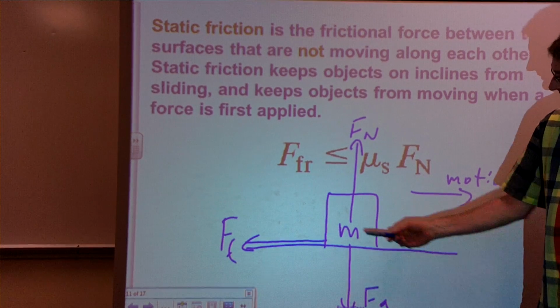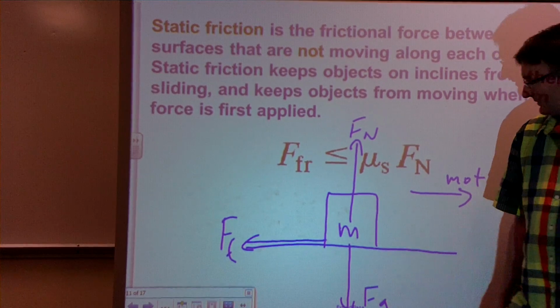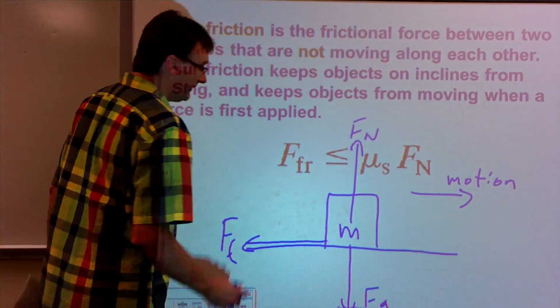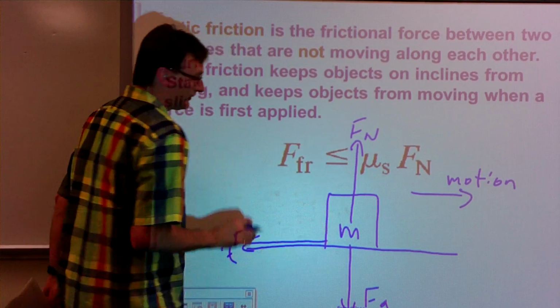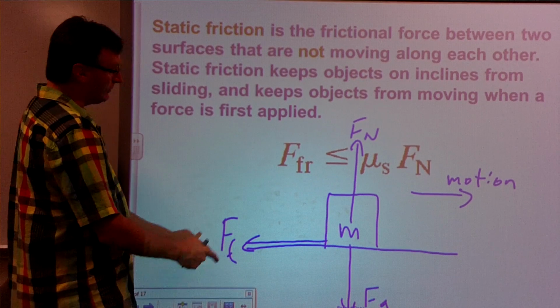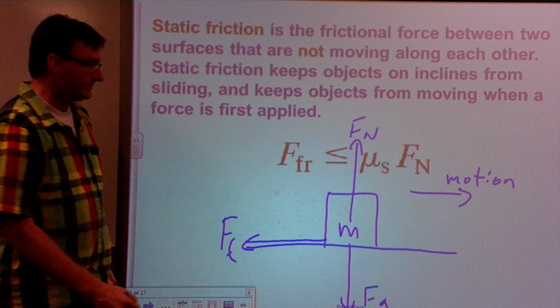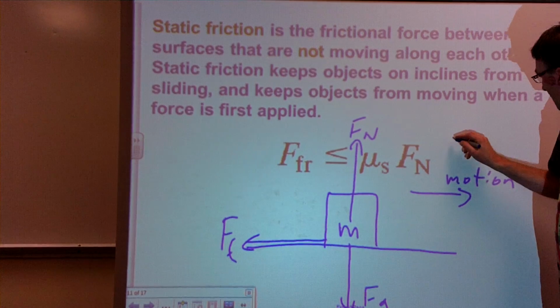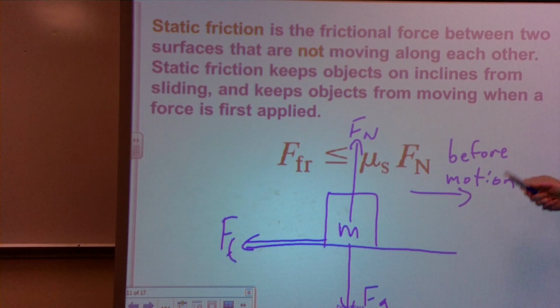If it's not moving in any direction, then the normal force will be the same as the force of gravity. And if you try to create some motion in it, before it starts to move, you will have a force of static friction. So this is actually before motion. Let me write that in here as well, because that will make it a little bit more clear.